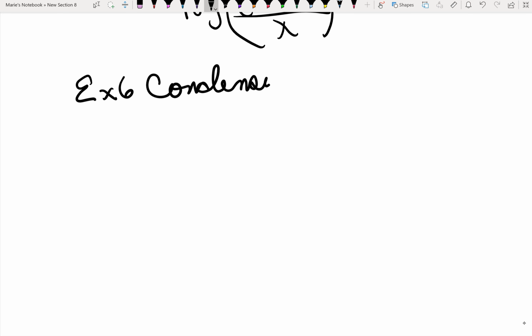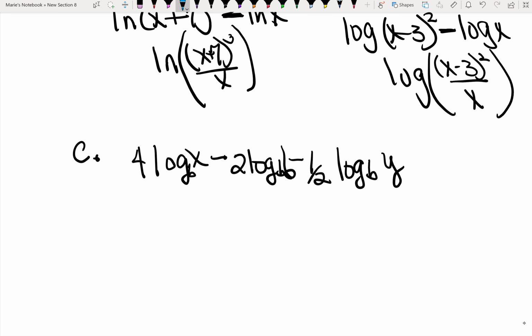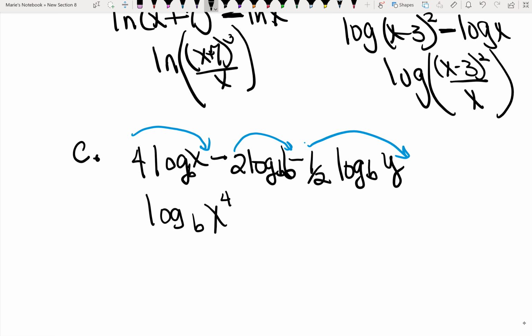All right. So when you look at a question like this, don't panic. Just follow the rules. The first thing you do is any exponent, we're going to bring it to the front. So that's step 1. So that gives us log base b of x to the 4th power minus log base b of 6 squared minus the log of base b y to the 1/2.